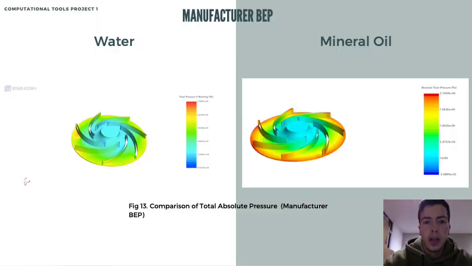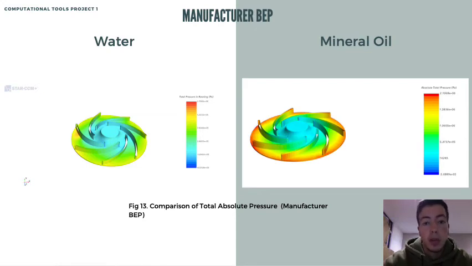Now, in order to perform the cavitation analysis of the manufacturer's BEP with water and mineral oil, we observe that there is no cavitation present. This is because, observing the graphs and the range of the total pressure in both water and mineral oil, we can deduce that the operating pressures of the fluid are lower than the vapor pressures of both fluids.